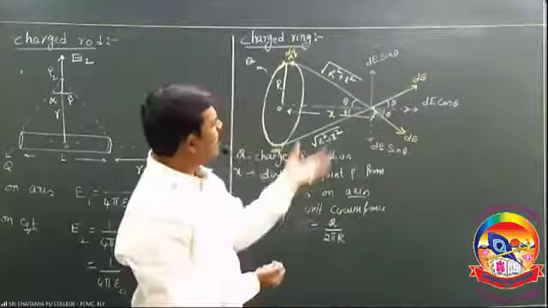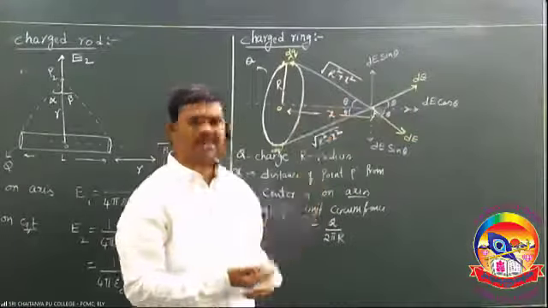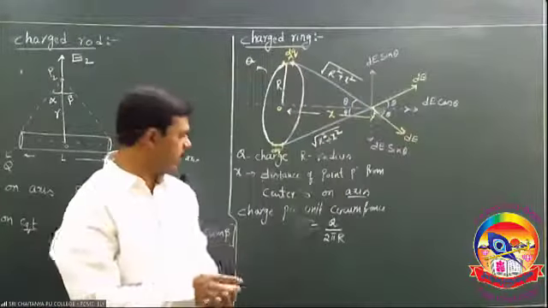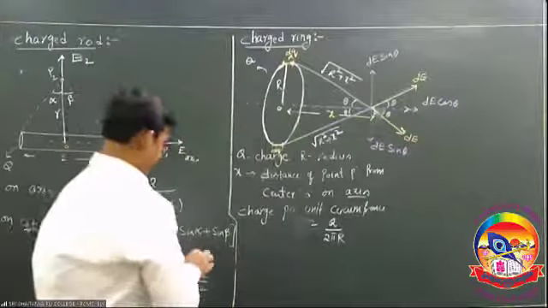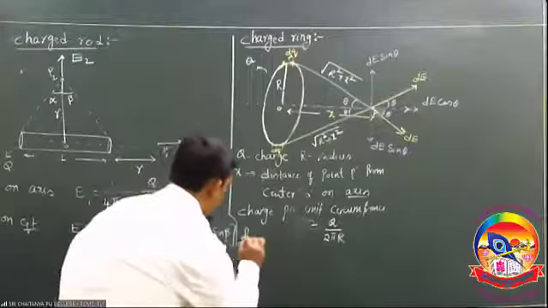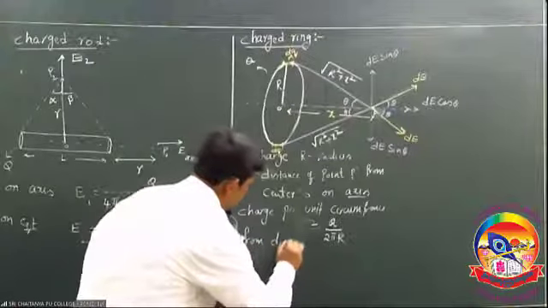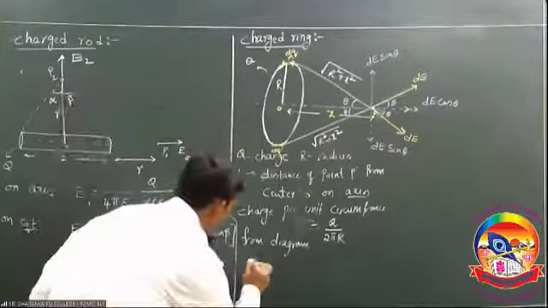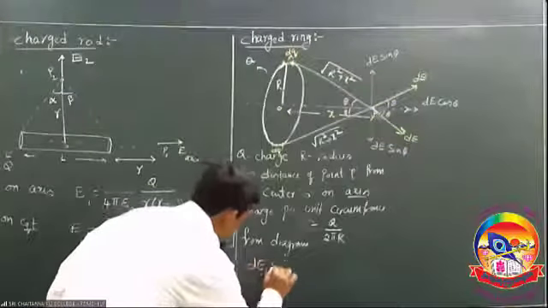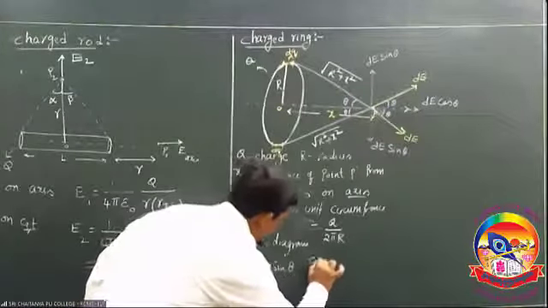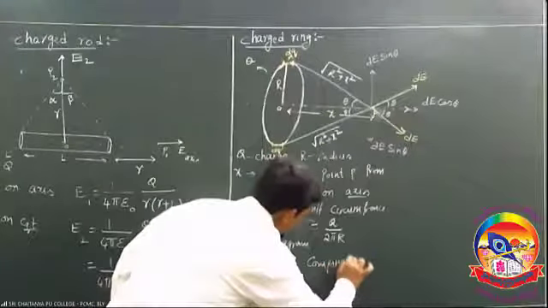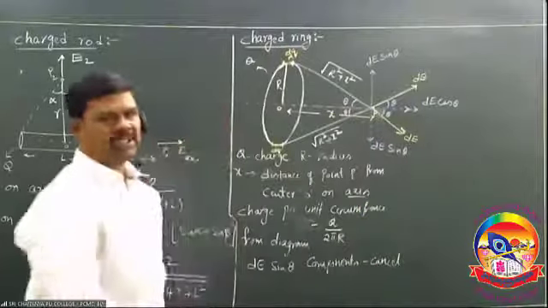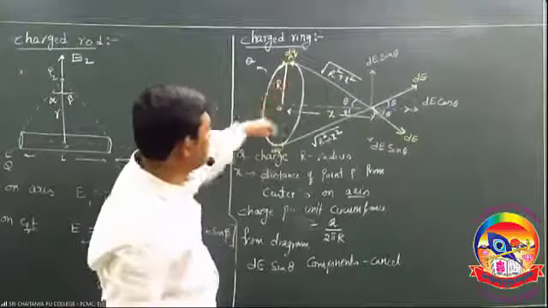So the component of the actual dE along the axis is dE cos theta. The dE sin theta components cancel because they are equal and opposite. For every two symmetrical elements, they cancel out.